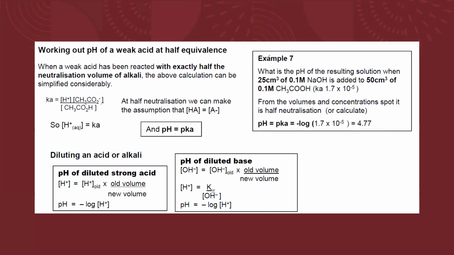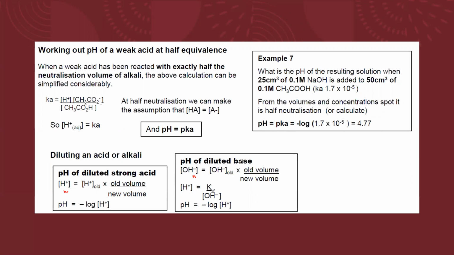And if we are diluting an acid, diluting means adding water, so the hydrogen ion concentration will change. How to find it? The new hydrogen ion concentration is equal to the old hydrogen ion concentration multiplied by the old volume divided by the new volume. The same applies for the new hydroxide concentration.